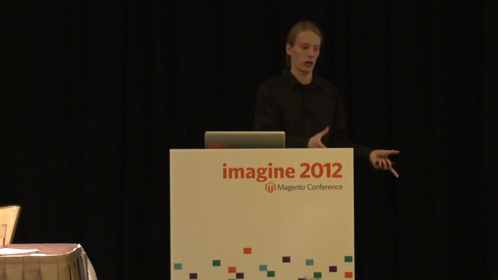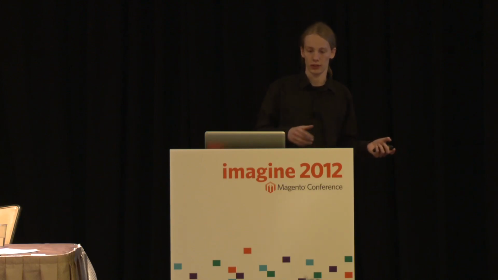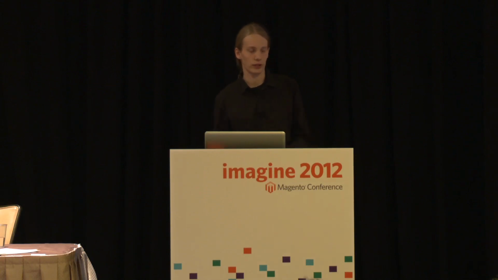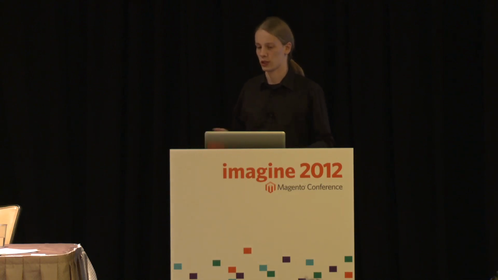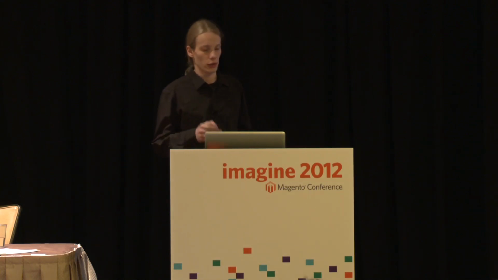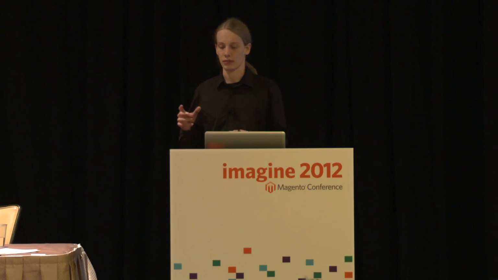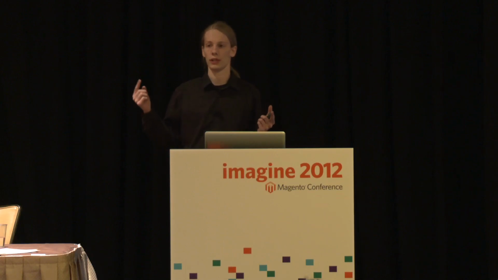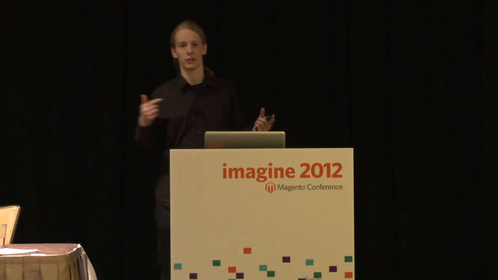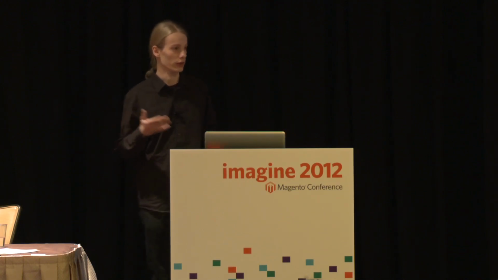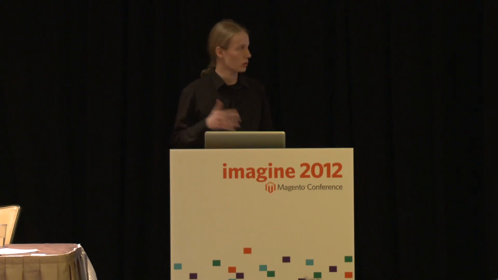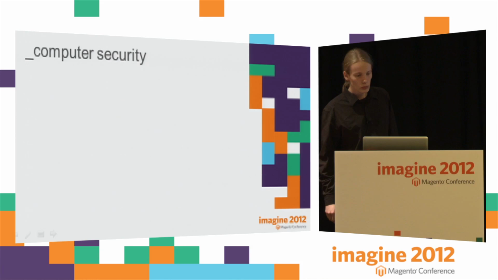We can secure our house by building walls around it. We can secure our cars by using seat belts, and we can also secure our Magento shops by avoiding mistakes. But it's a bit different, because if you have your house, you can start building walls around it and higher walls and bigger walls. That's not what you can do on security on IT systems, and we'll see later why.